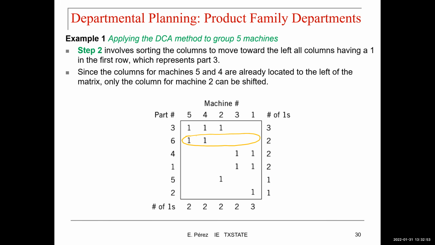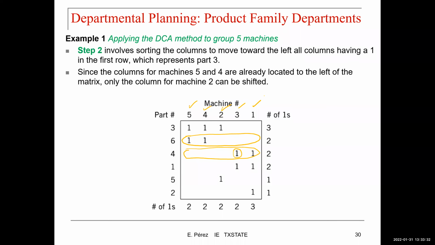There's nothing happening here. Then I move to this one. Yes, I have a 1 here, but these 3 are already fixed because I already moved 2. I cannot move again the column that's already moved. So if I move 2, then that's fixed. Next one that I can move is 3, but 3 is already in the same place. And then since this is the last one, we cannot move it. So we did all the possible shifts to the left based on the machines that we have available.